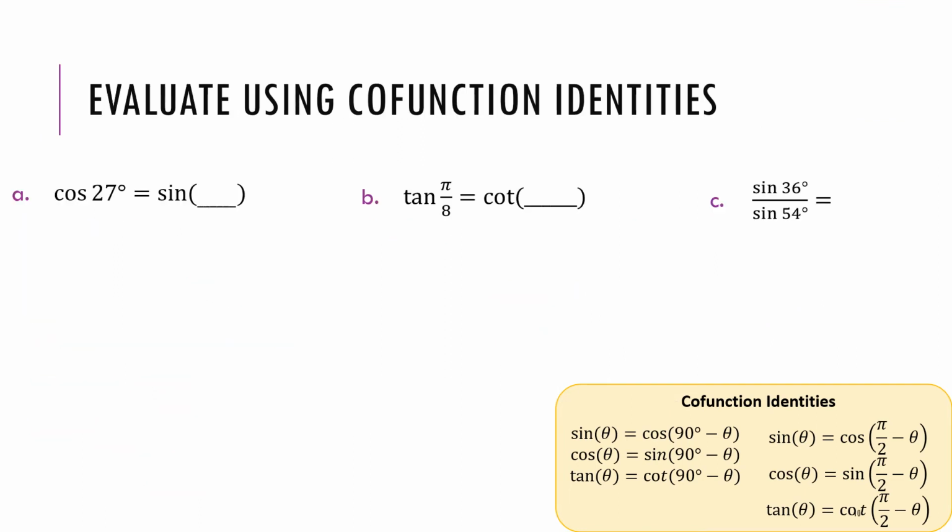So how are these useful? Well, if I have cosine of 27, that's going to be equal to the sine of 90 minus 27. So it says right here, 90 minus 27, what does that come out to? 63. If we have it in radians, we can take pi over 2 minus pi over 8 to get our cotangent.